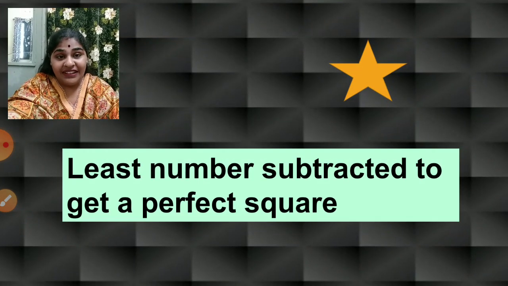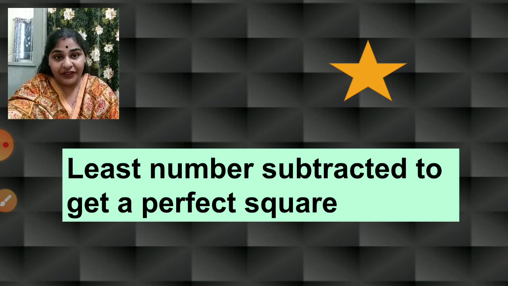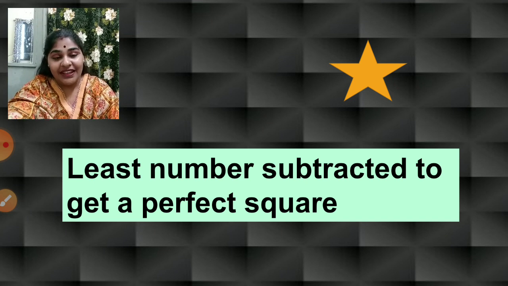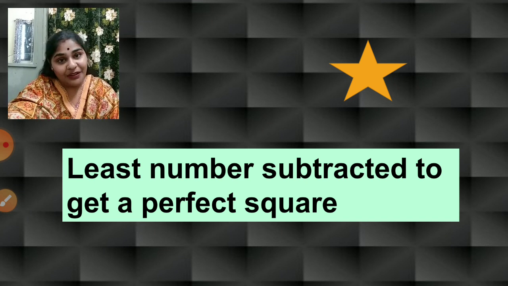Now coming to the next, again very important topic, is least number subtracted to get a perfect square. Now if you remember, children, in the previous exercise we have seen least number multiplied to get a perfect square, least number divided to get a perfect square.